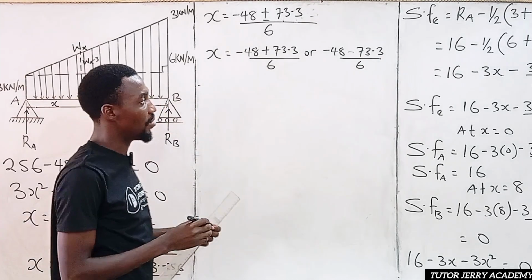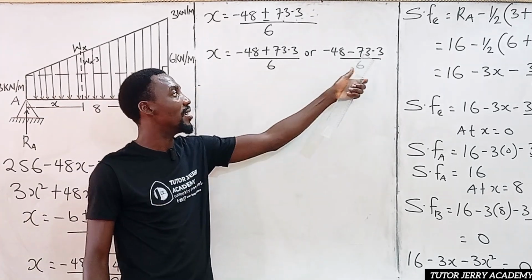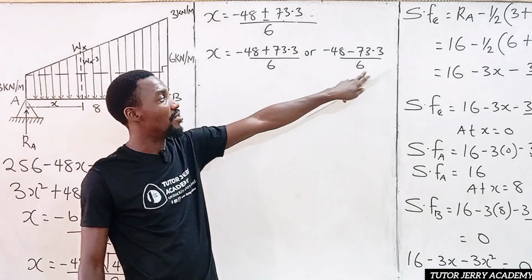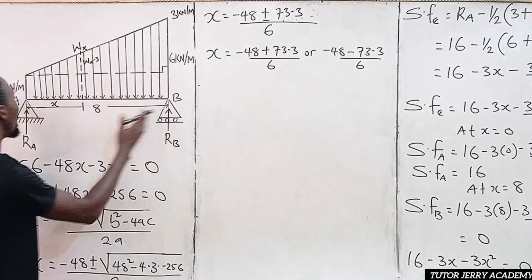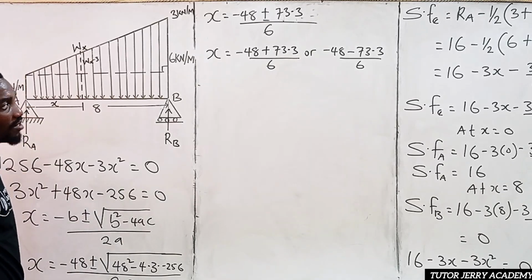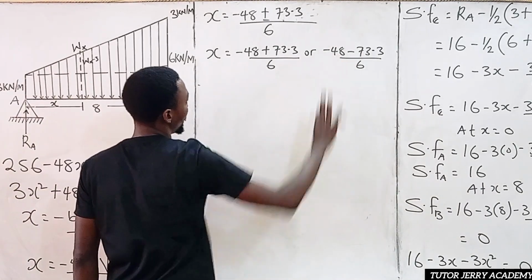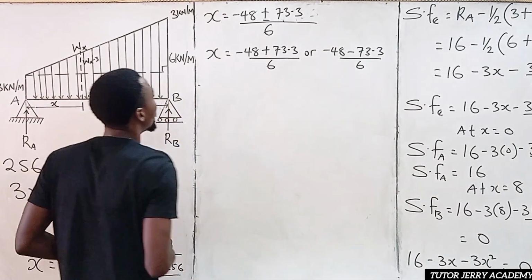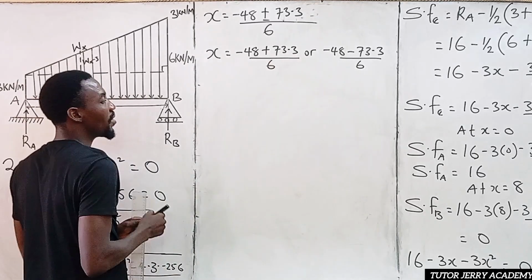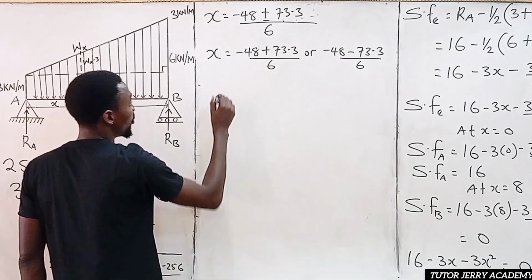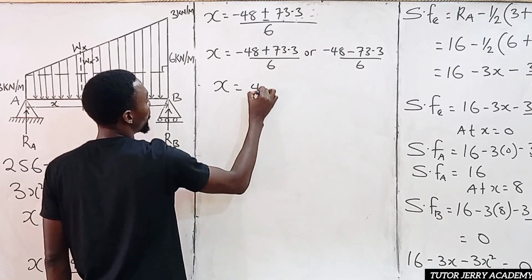If you look at this value here, it's going to give us a negative answer. And if you look at our beam, we don't have any negative value there, so we are going to neglect this. Let's focus on this: minus 48 plus 73.3 divided by 6, we are going to have 4.22. So S is equal to 4.22.